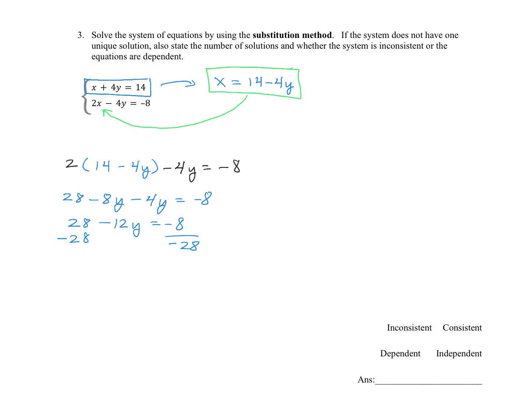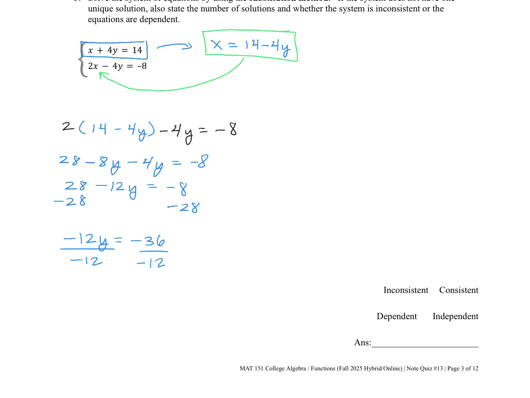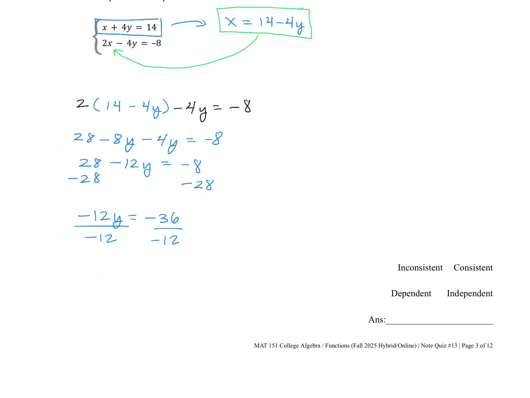And negative 8 take away 28 is going to give us negative 12y equals negative 36. Divide both sides by negative 12, and you end up with y is equal to positive 3.